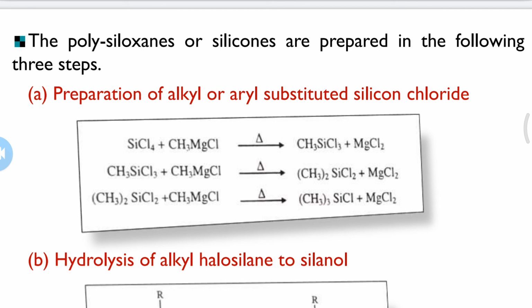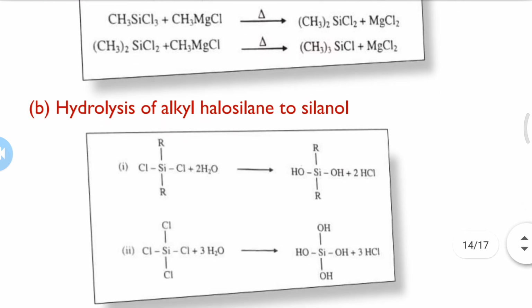Again this reacts with another molecule to form dimethyl silyl dichloride, and finally trimethyl silyl chloride forms by using Grignard's reagent methyl magnesium chloride. Then comes hydrolysis of alkyl halosilanes to silanol.